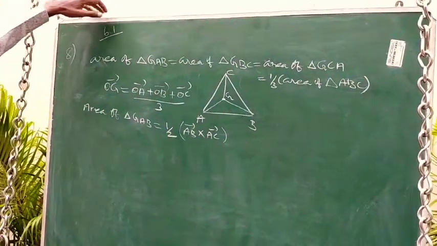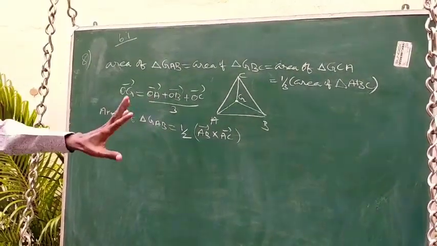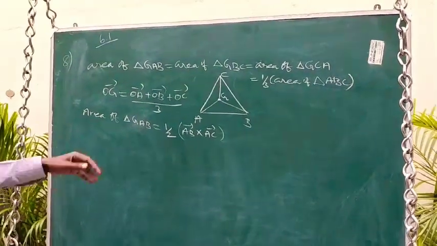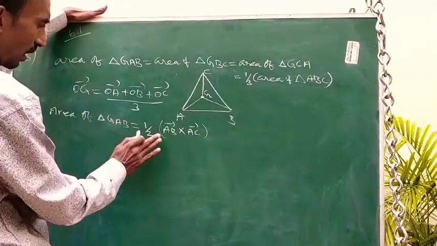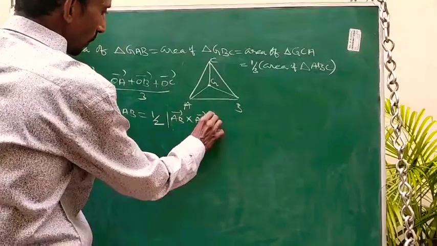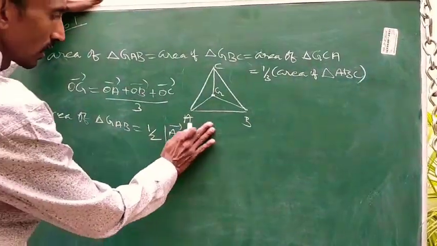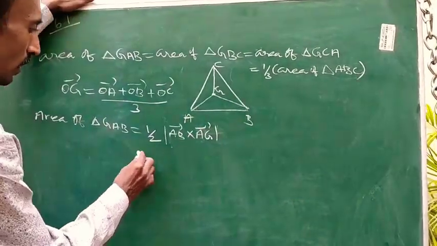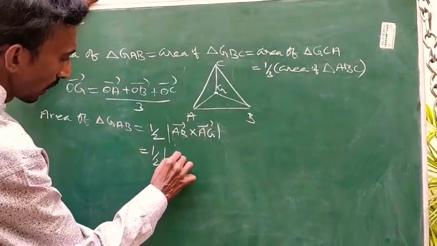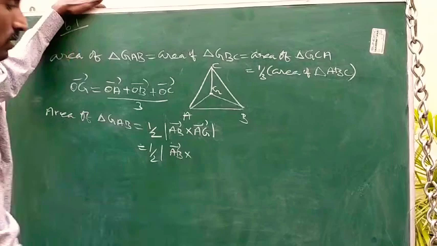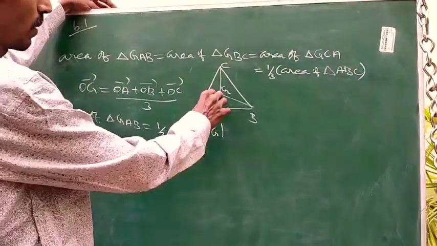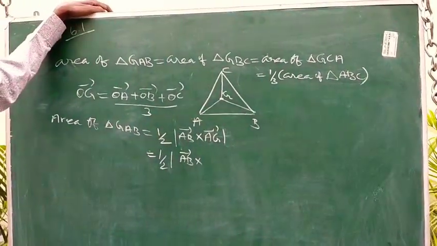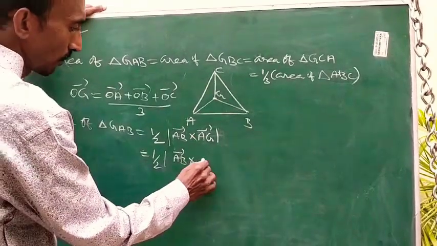If you consider vector area, no need to put the modulus. If you are writing the area, you have to put the modulus. So half into AB cross AG, what is AG? OG minus OA, head and tail rule, OG minus OA.